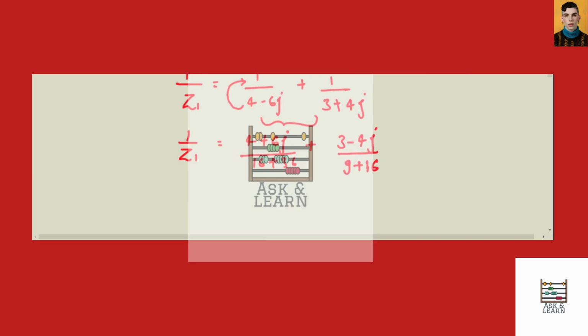If you further simplify, calculating all these terms, you will get 1 upon Z1 equal to 256 minus 58j upon 1300.